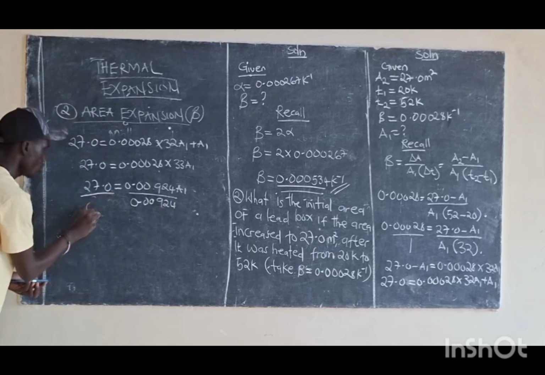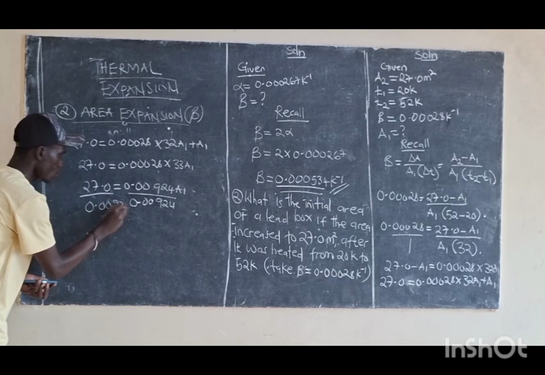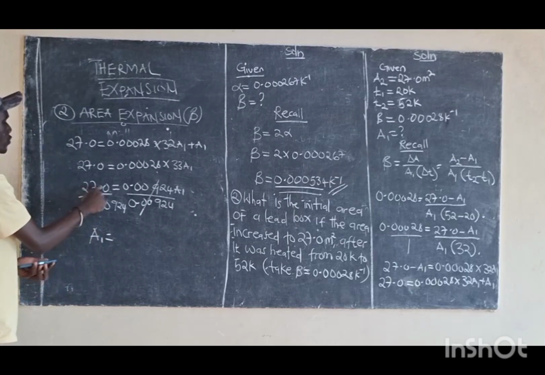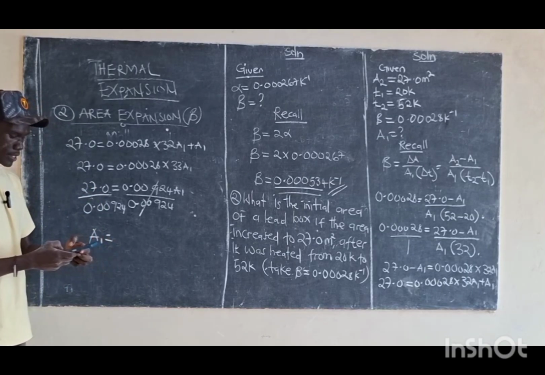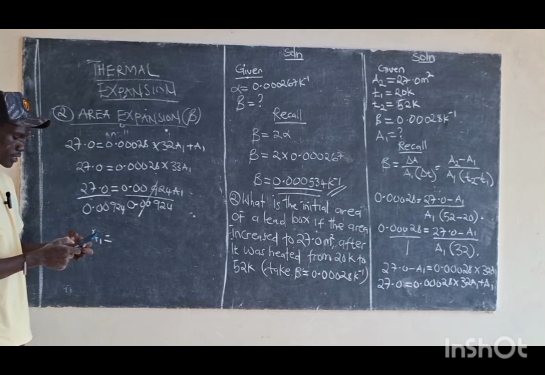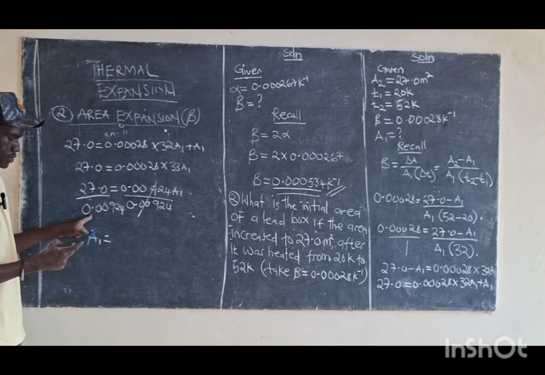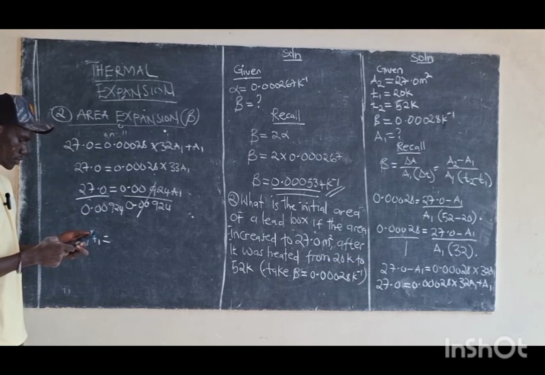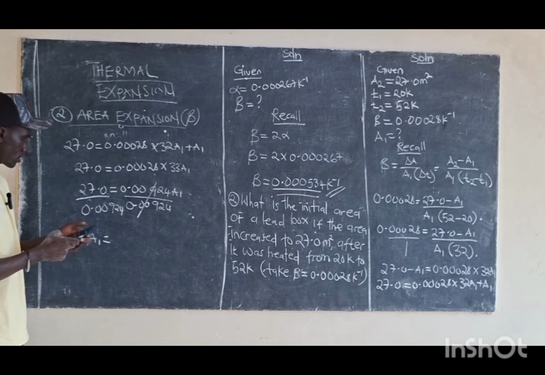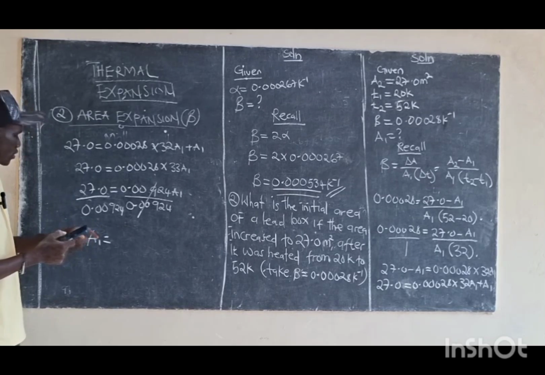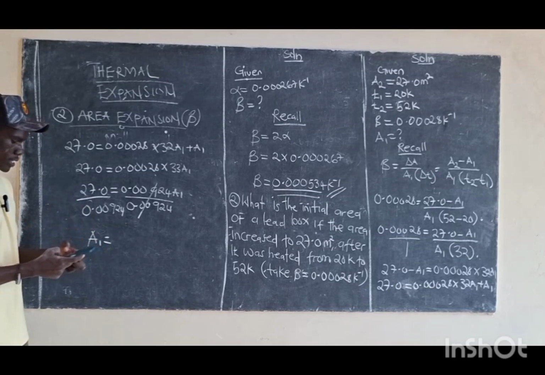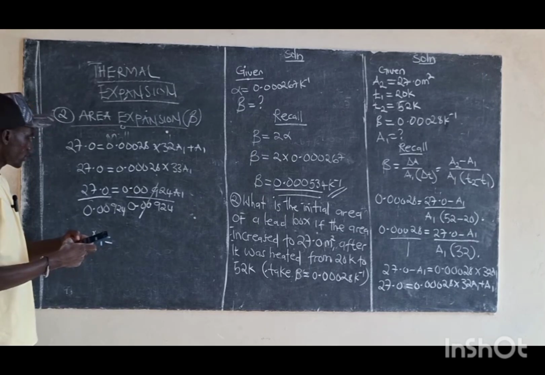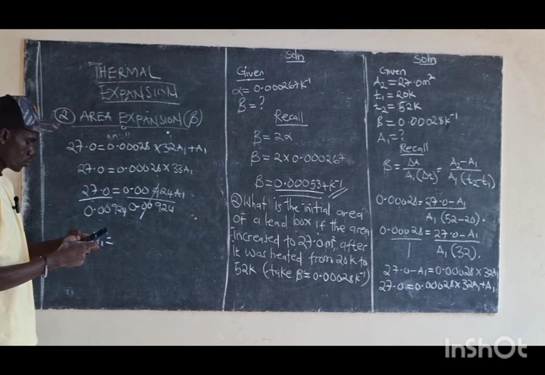This cancels, and we are left with A1 as the subject. A1 equals 27.0 divided by 0.00924.